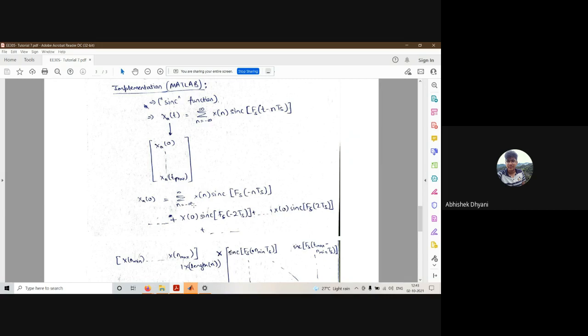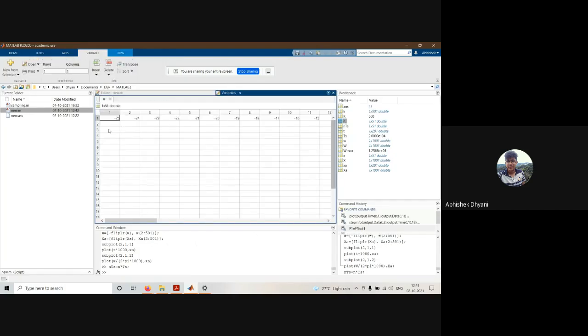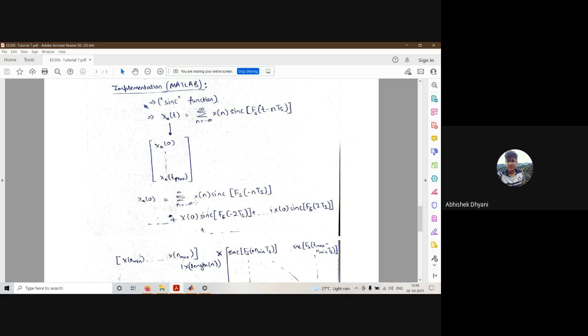Here it is minus infinity to infinity, but numerically we have n varying from minus 25 to 25, which we originally took, so 51 entries. So we want to evaluate at all these values. I can write it as x at minus 25 sinc fs minus 25 ts and so on up till x of 25. When I add all those values, I'll get xa of 0.